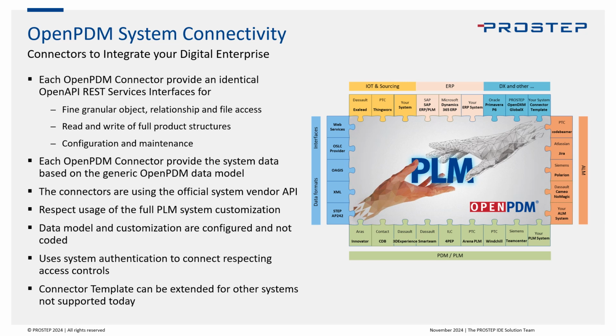You see on the right-hand side a variety of different connectors. So we support a wide variety of PDM and PLM, including Teamcenter, Windchill, 3DX, SmartTeam, Aris, and others, Arena. On the ALM side, Codebeamer, Jira, Polarion, NoMagic, that's a Teamwork Cloud connector, and others as well.